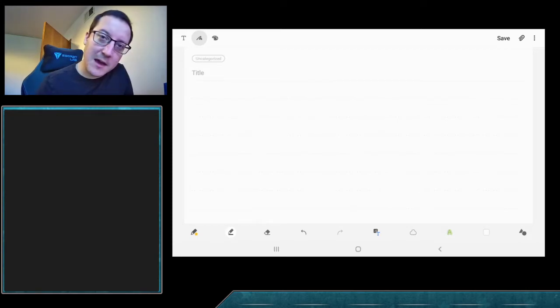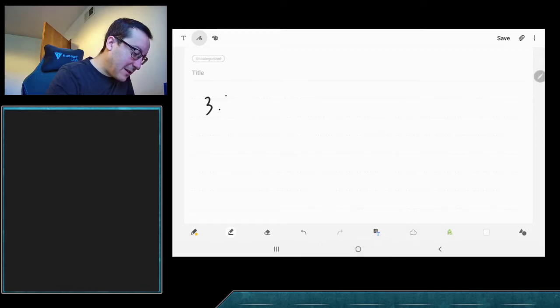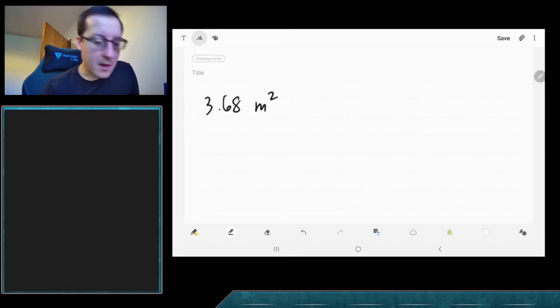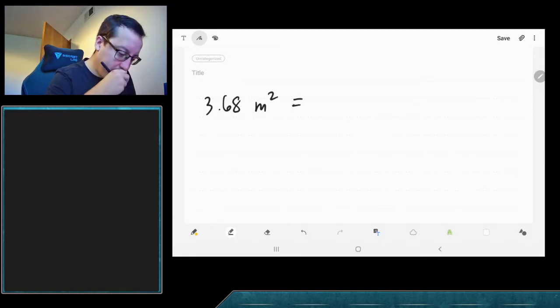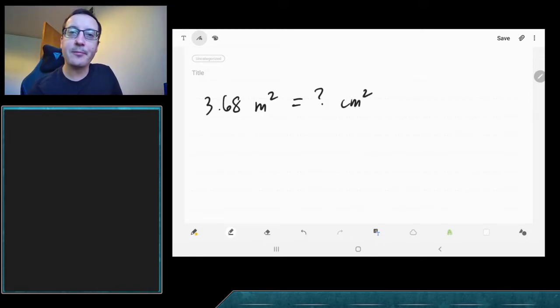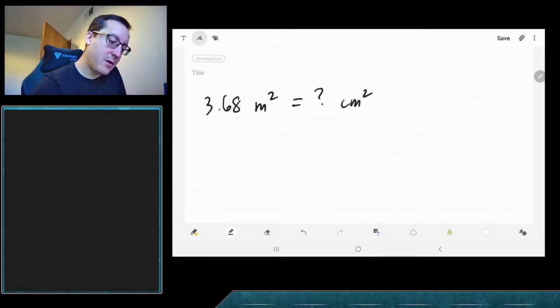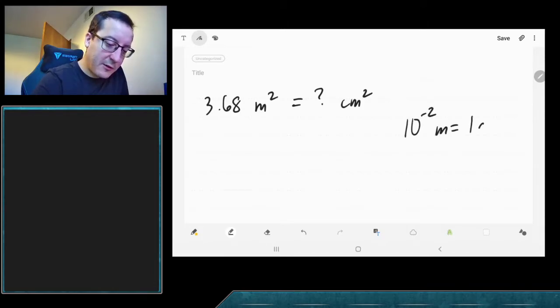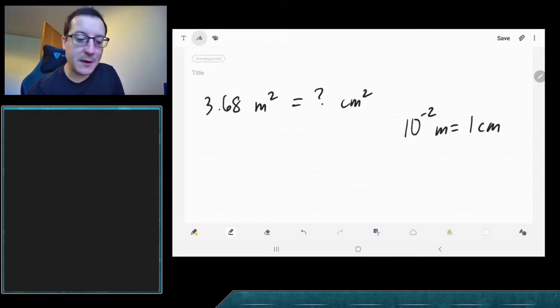So let's say we had 3.68 square meters. And if we wanted to, we could find out how many square centimeters that's going to be. We remember that we have our conversion factor that we were able to get from that chart, right?